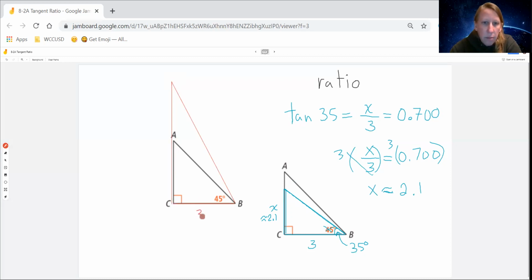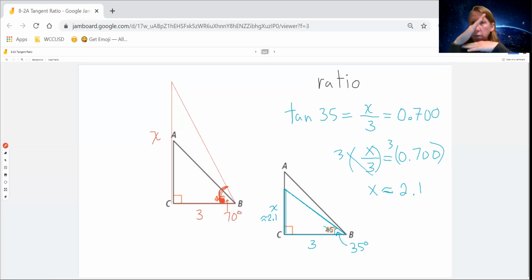The base is still going to be 3. And the question is, I changed that angle. It's not 45 anymore. It's bigger. How big do you think that angle is? 90 is here. Do you think it's 70? 65? Let's call it 70. I don't have a protractor, so I'm not going to measure it. So now we have a 70-degree angle.